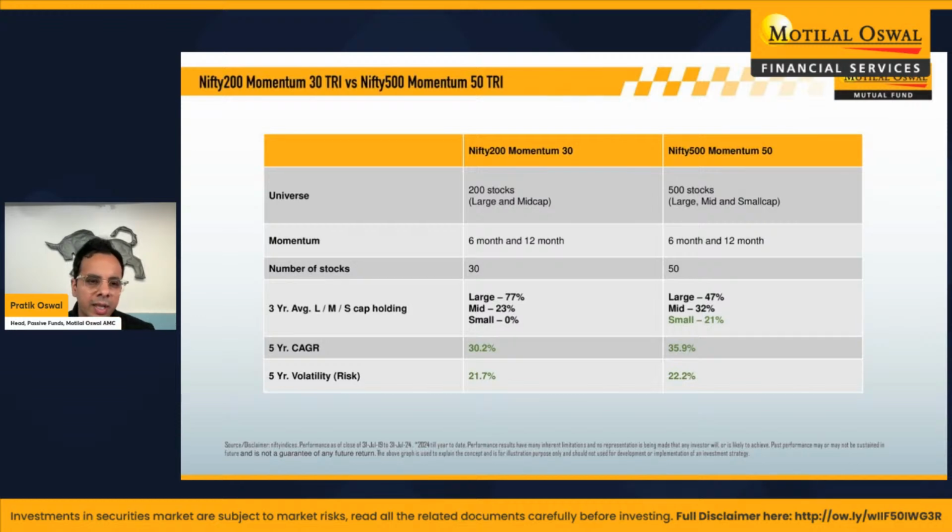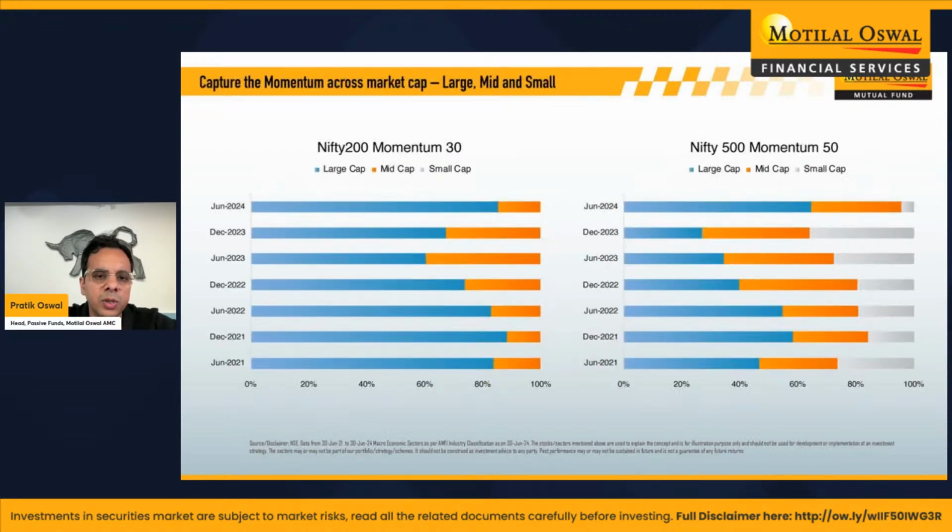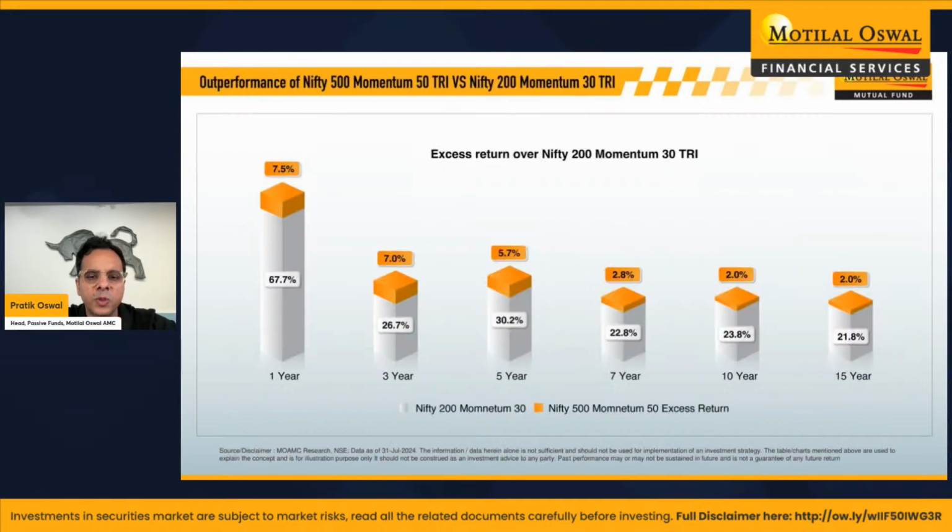The Nifty 200 is mostly a large cap fund, whereas the Nifty 500 Momentum 50 is a flexi cap type of fund. So those are the broader differences. We as a house are slightly more bullish on Nifty 500 because it's a much broader universe, and we believe that over the long run, Nifty 500 is going to be the index that will emerge the strongest. So these are the pure differences between these two indexes, for people to understand.